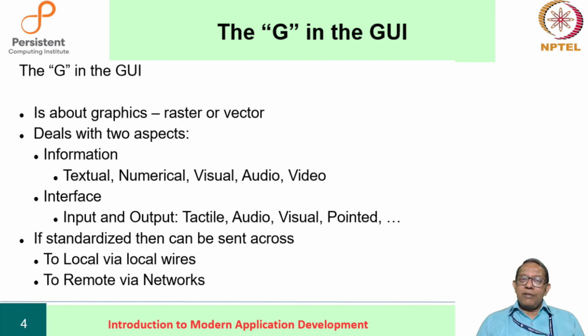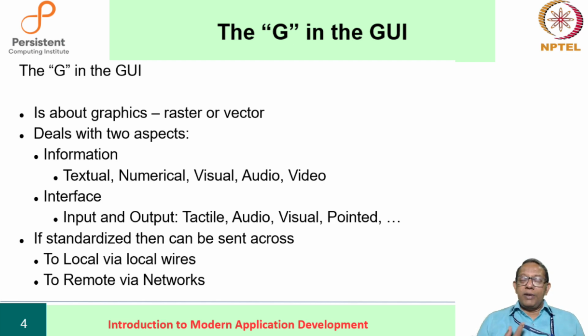Before we go to HTML and CSS combinations, let's take a quick look at what we mean by graphics. At its very core, as we might have learned it in a computer graphics course, graphics is either raster or vector graphics, and it deals with two main aspects: information and interface.